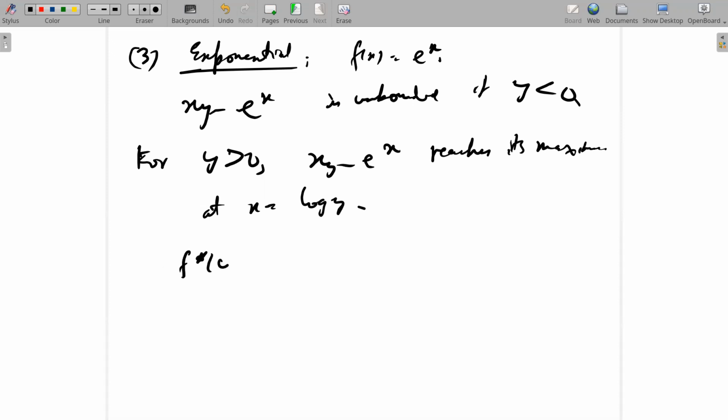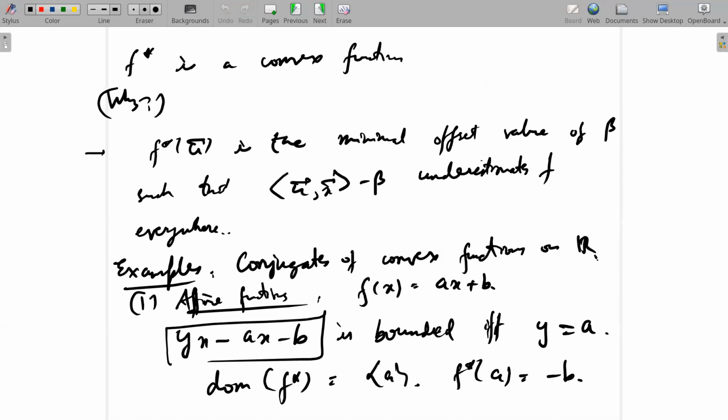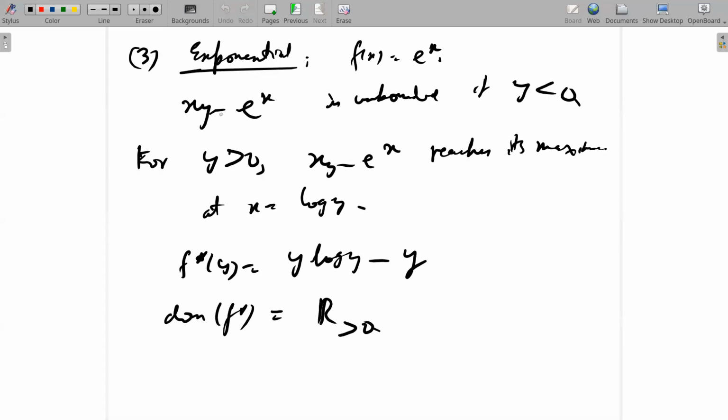So then you just have to put in this value x equals log y to find f star of y. So f star of y, you plug in x equals log y. So you have y log y minus e to the log y, which is y. So the domain of f star equals this. All right, so this was functions in R, some very familiar functions in R. Now let's look at some examples on Rn.